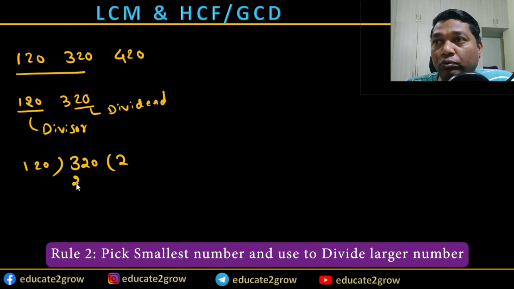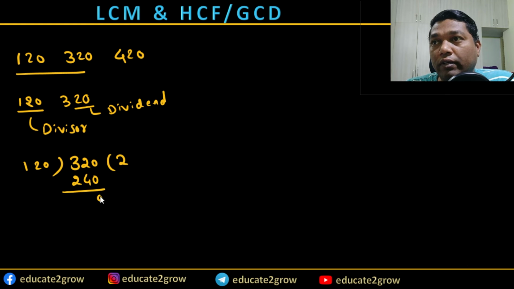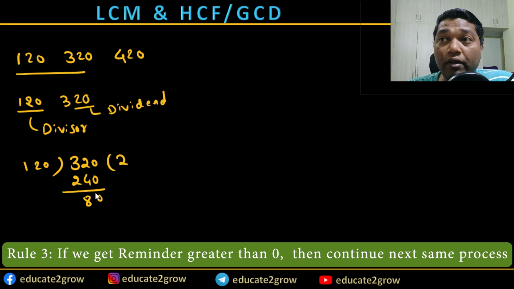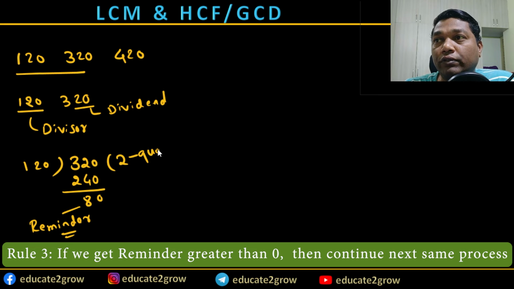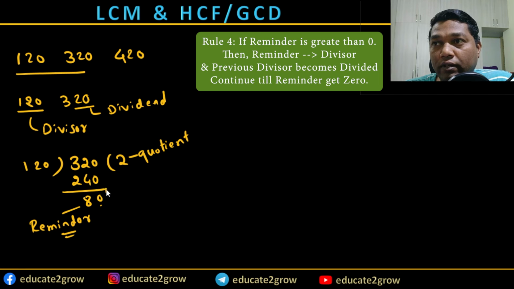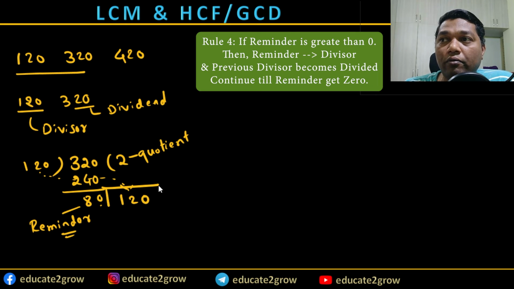120 twos are 240 and we get 80. This is called a remainder, and this is called a quotient. Now we need to use this 80 and, once again, 120 becomes the dividend. Now we do the calculation once again, the same procedure, 80 into 120, and we get 40.